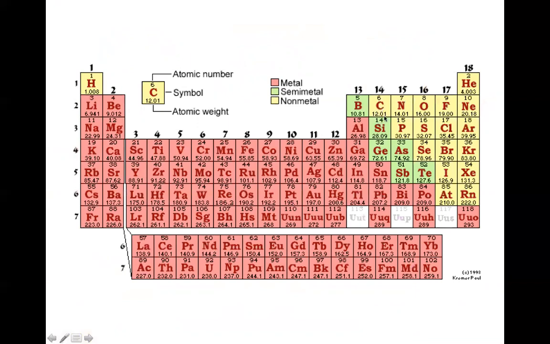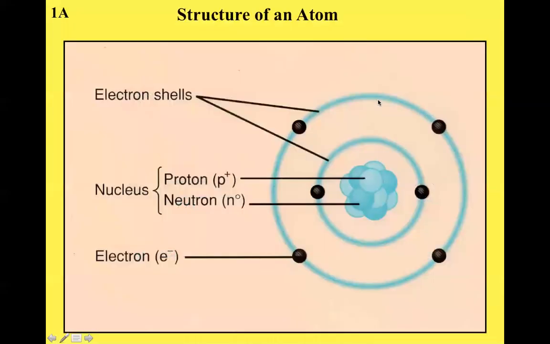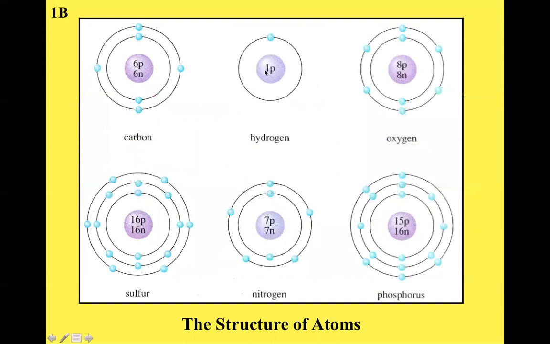In this particular periodic table, you can see that the atomic number, which stands for the number of protons, is above the symbol. So 6 protons, the one we were looking at just a minute ago, has got to be carbon, because you've got 6 protons and 6 electrons. And here's again our hydrogen, which we talked about a minute ago. If you've got 1 proton, you're hydrogen.